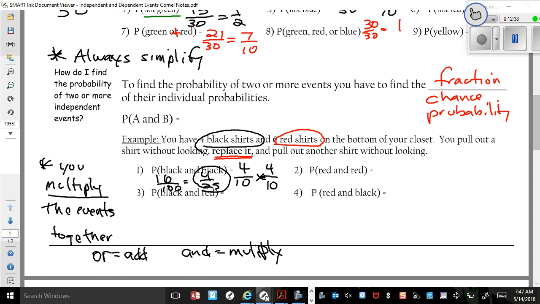So then the same would happen for a red and a red. Red would be what? 6 out of 10 times 6 out of 10, 36 over 100. Remember our fraction. It's a lot easier to simplify first, right? So that would be what? 9/25.